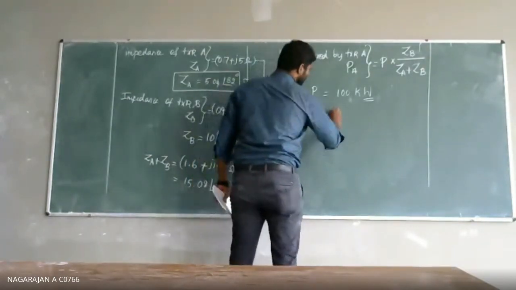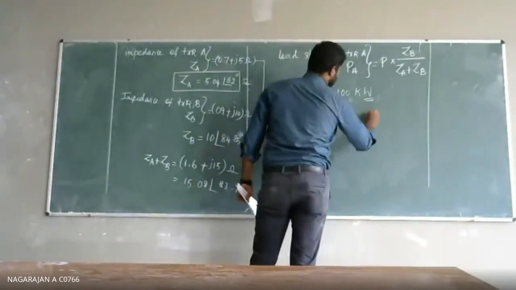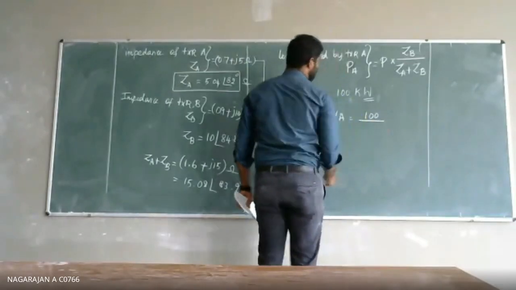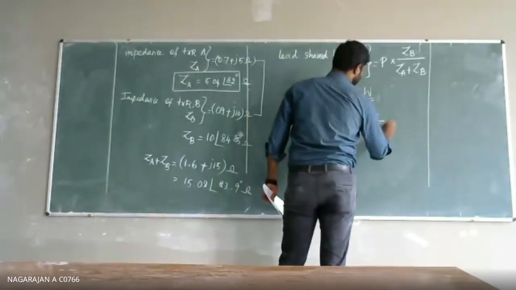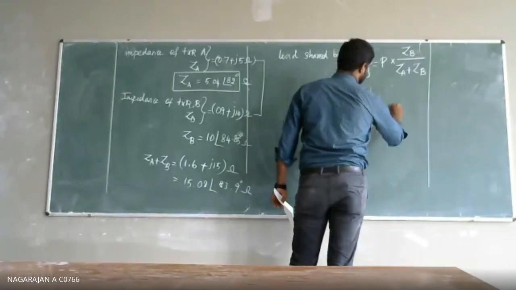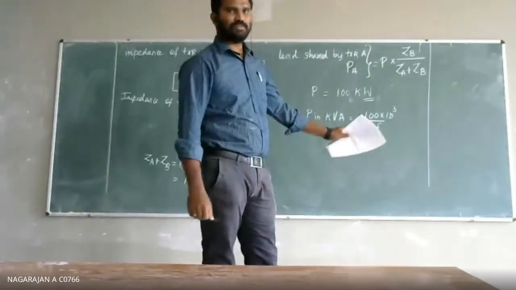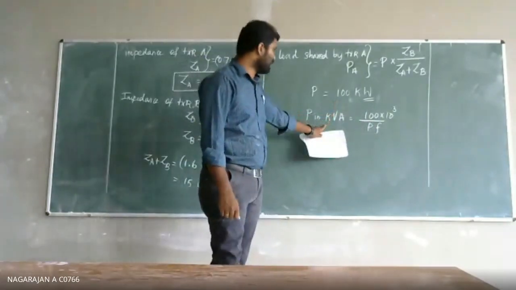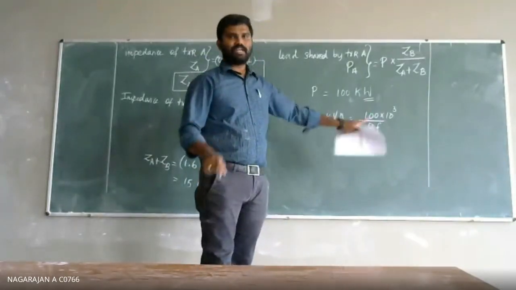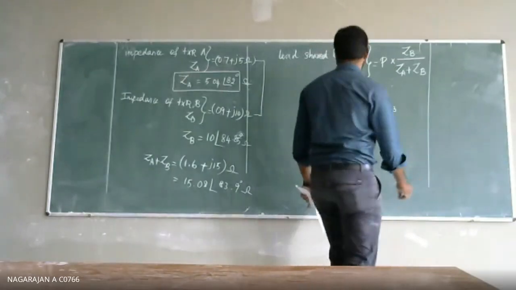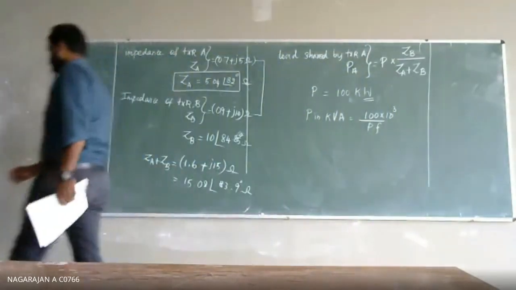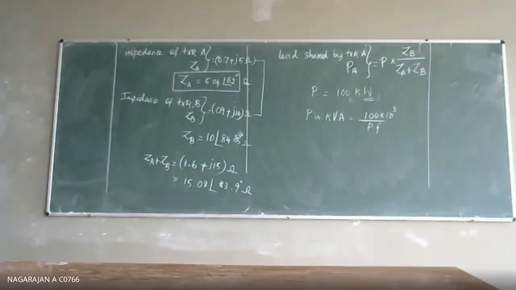Power in kVA is equal to 100 divided by power factor. This equation can be found from the power triangle. Do you remember this diagram? You would have studied that in the first or second semester electric circuits.